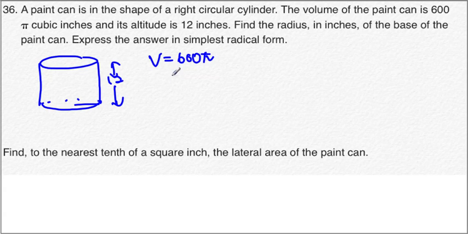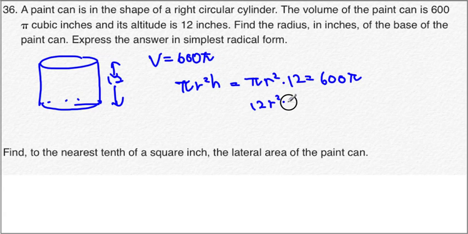Now, pi r squared h would have been the volume of the cylinder, while we have pi r, which we don't know, so pi r squared times 12 has to be equal to 600 pi. You'll realize that because both of them have pi, then we get 12 r squared must be equal to 600.